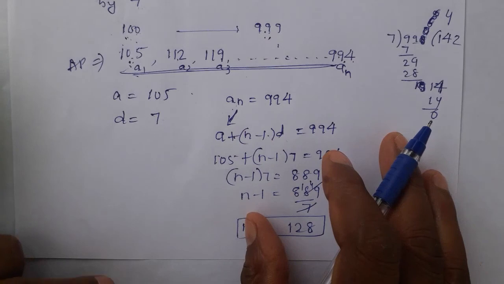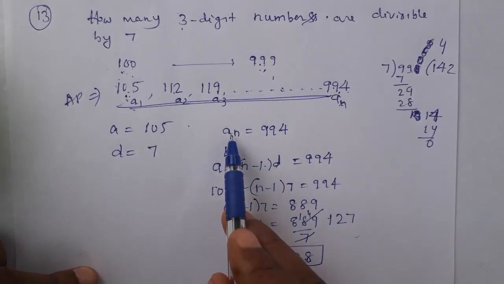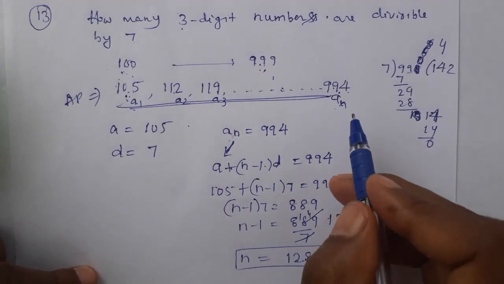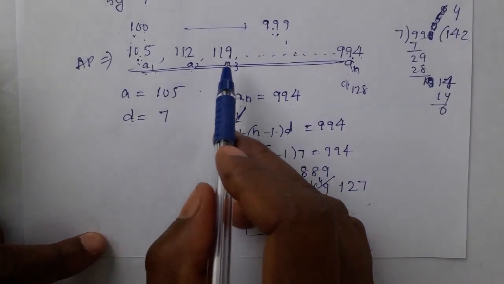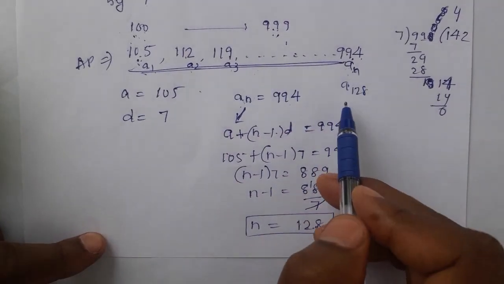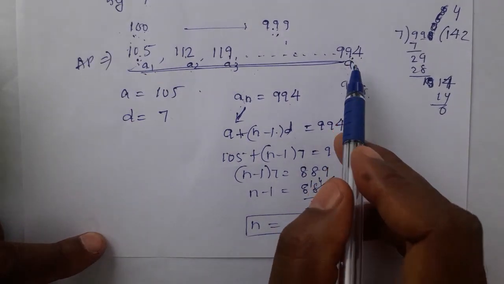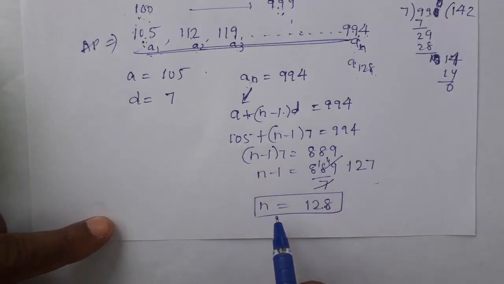Because N belongs to the position, AN equals 994, and this N value we got as 128. That means A128 is the last term. A1, A2, A3, like that, it is sitting in the 128th position. So definitely 128 terms are there in total.